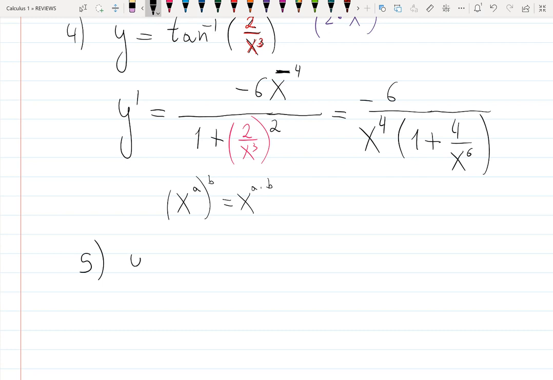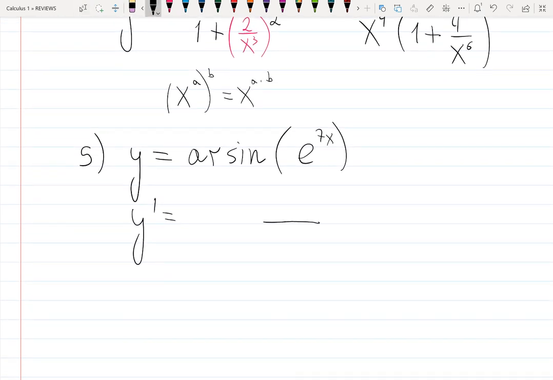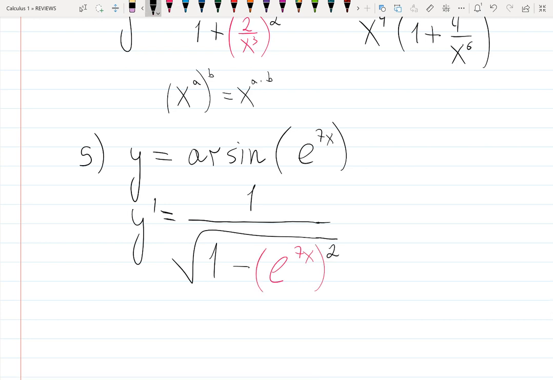Now, how about mixing exponential functions and inverse trigonometric functions? What is the derivative of arc sine of e to the 7x? Let's do it step by step. Arc sine, I remember, is positive because sine doesn't give me troubles. I remember it's 1 over a square root of 1 minus input squared. So it's going to be e to the 7x, that's my input, squared, don't forget that, times, and I will put it in the numerator with a green color, the derivative of the function inside.